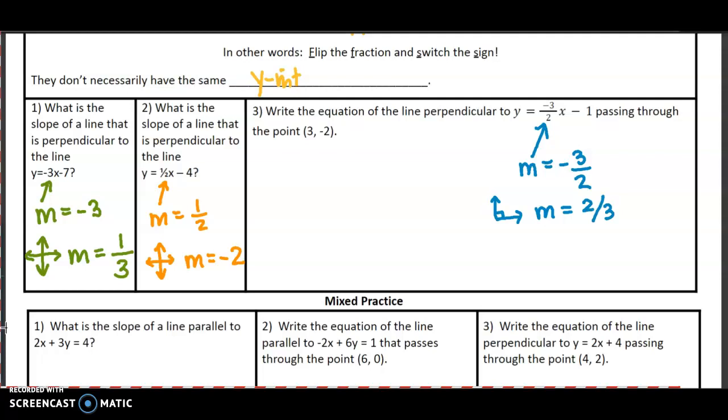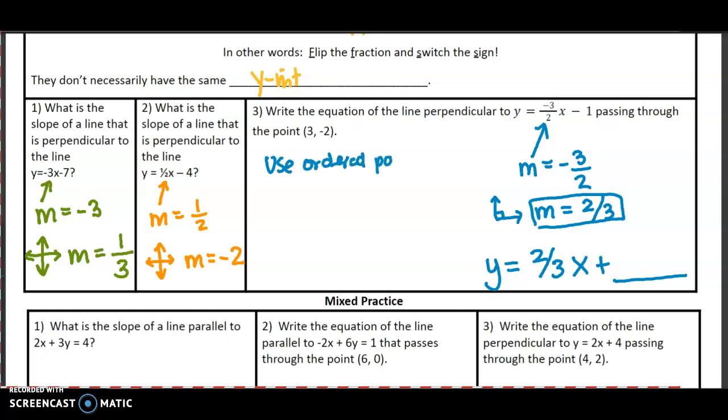So that's the slope we're going to use. Okay? So our final answer is going to be y equals positive 2/3 x plus something. In order to get that something, we have to use the ordered pair. So we're going to use ordered pair (3, negative 2), and our new slope of 2/3.